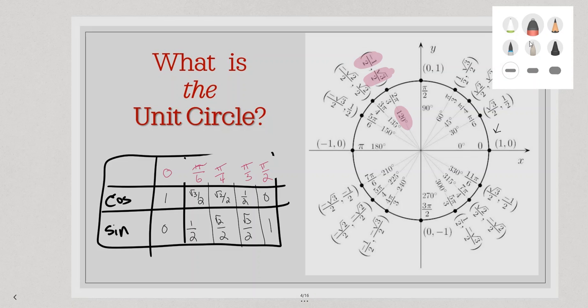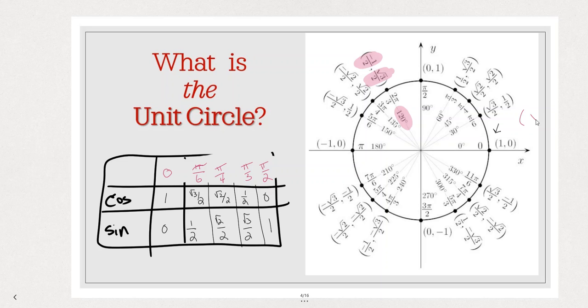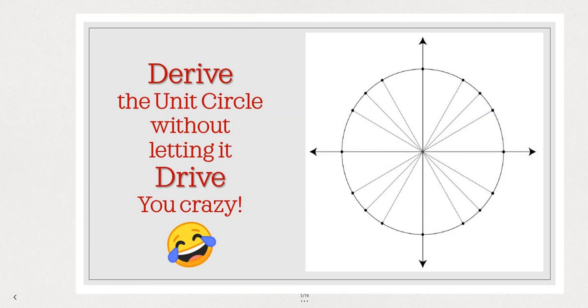Because what I have here is a list of ordered pairs where we've got the x and then the y, and the x is a cosine and the y is a sine. So the cosine, the x value for 30 degrees, is the square root of 3 over 2. The y, the sine, is 1/2, and so on. That's how we use the unit circle.